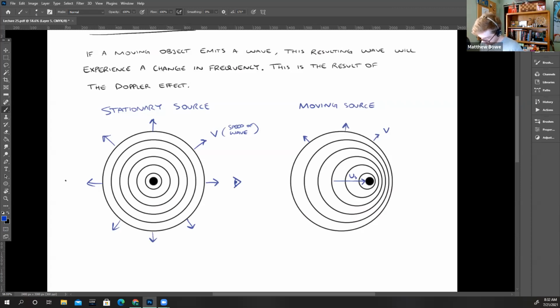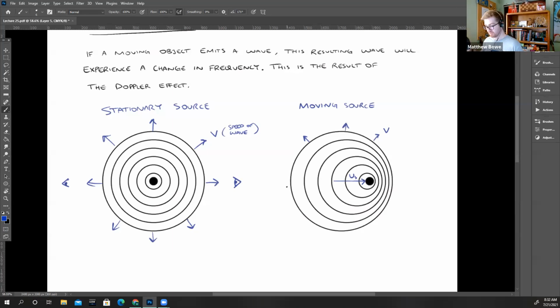And the same thing, I could put the observer on this side of the car, it sounds the same. Instead of an eyeball, I could make this an ear, but I don't want to draw an ear on the spot right now.